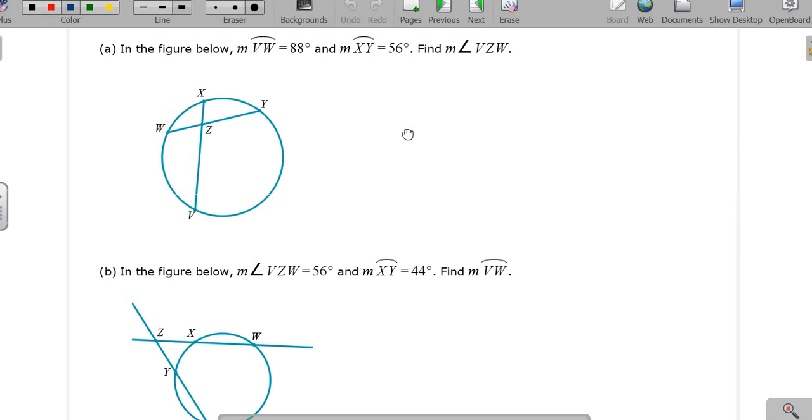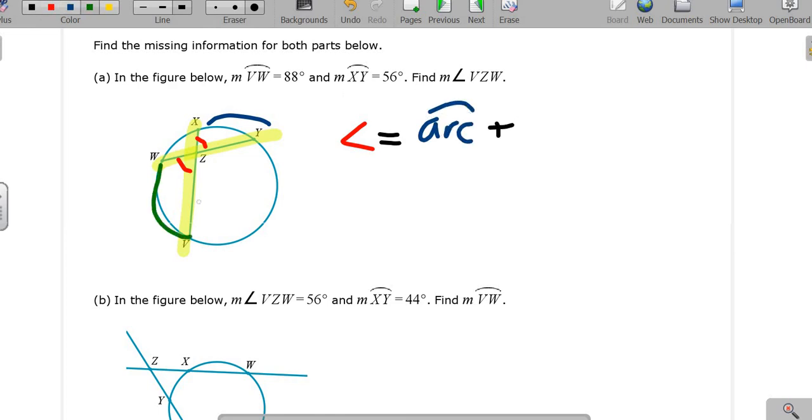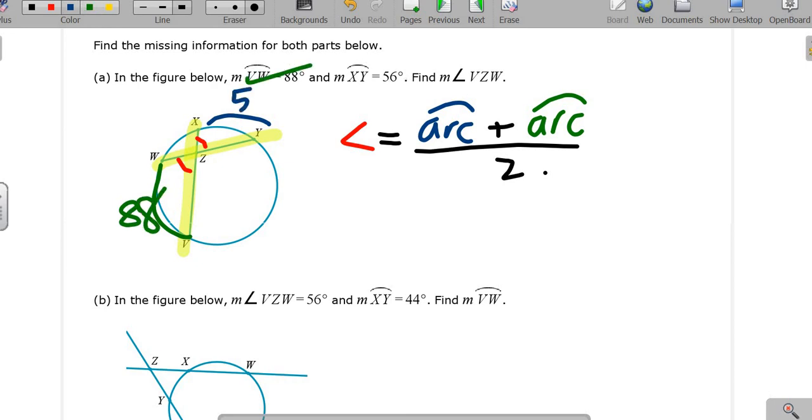Start by identifying the kind of angle, and it is a chord. So once again, that's going to be angle equals arc plus arc over 2. Then you come up here, it says that VW, the arc, that is the 88. XY, the arc, is 56.